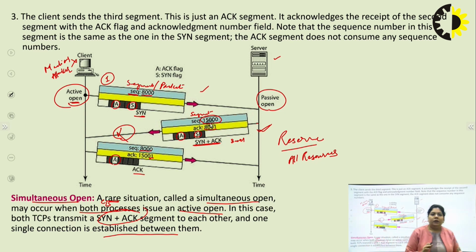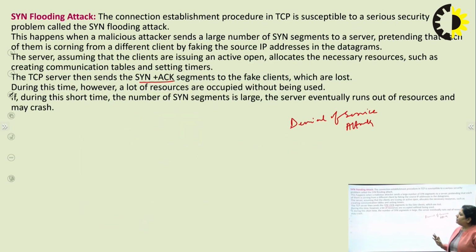So no connection is made. The malicious attacker is sending the segments which make the virtual path congested. All the resources got reserved, but nothing is happening. No data transfer is going to take place. So this is known as a synchronization flooding attack.